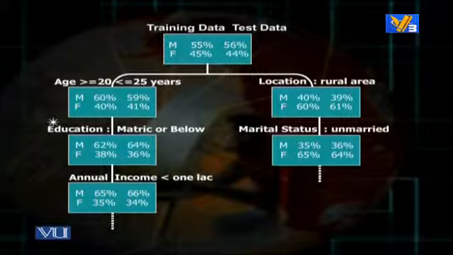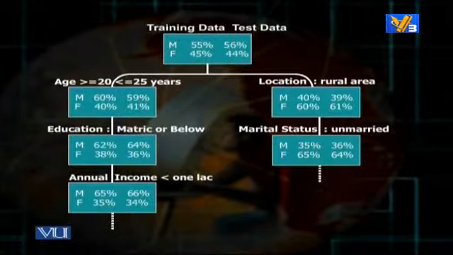Our rule, that age 20 to 25 years means male 60%, would only be effective if it is corroborated or confirmed by an independent set of data, that is, test data. If the test data with a variation of 1 or 2% provides almost the same figure, then this rule is effective. It should be taken, it should be displayed. That is the purpose of splitting the data into training and test data, because we want to confirm the effectiveness of the rule.